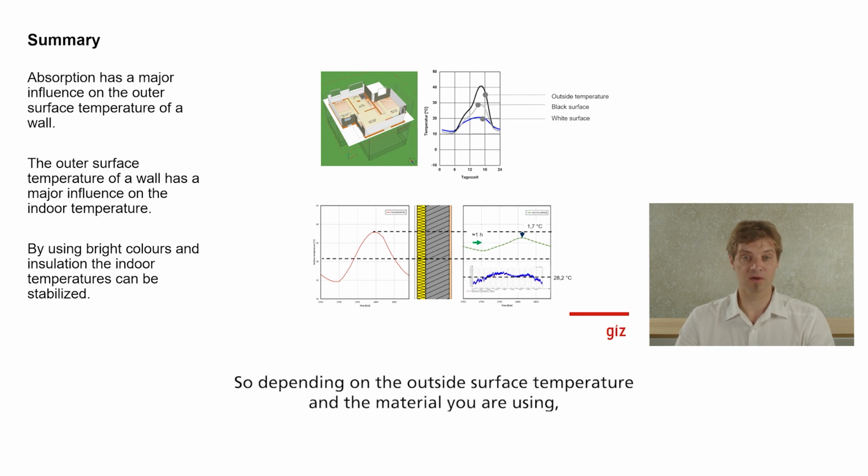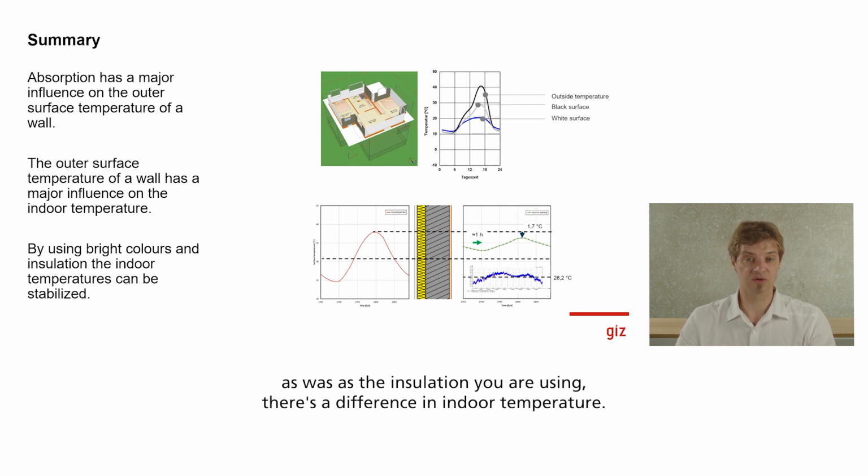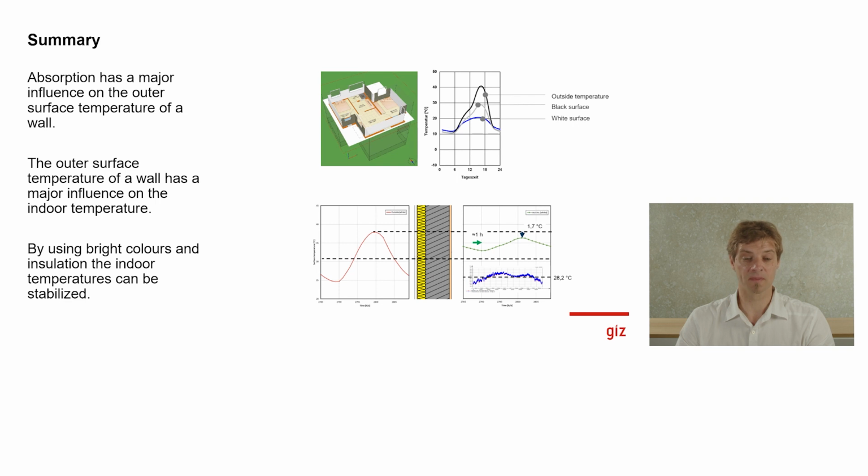So depending on the outside surface temperature and the material you're using, and also the insulation you are using, there's a difference in indoor temperature. By using bright colors, we also see that we can stabilize the indoor temperature.